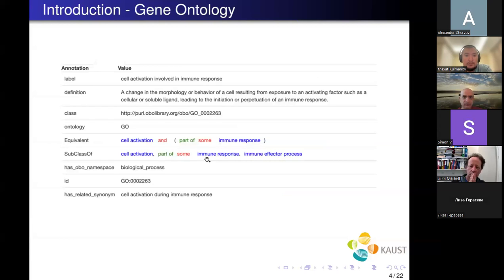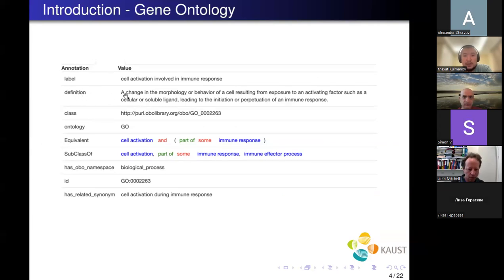In addition to the axioms, ontologies have other annotations that are also part of the knowledge. They come with labels, and all the classes have unique identifiers.